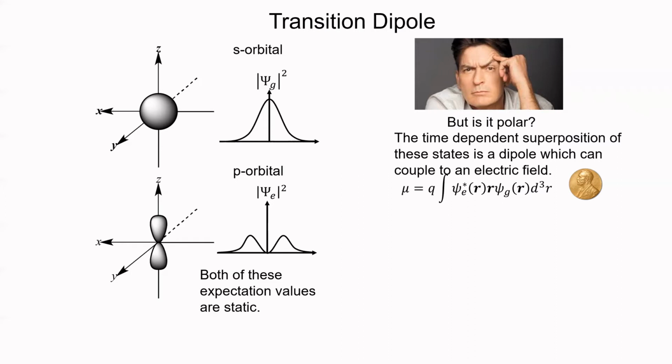So it turns out, if you actually do the maths, that the transition going from the s to the p orbital does in fact have a dipole, and that dipole can therefore interact with an electric field if it's going at the right frequency to match the transition frequency and the transition energy. Okay, so that means, yes, in principle, this is going to be an optically active energy transition.